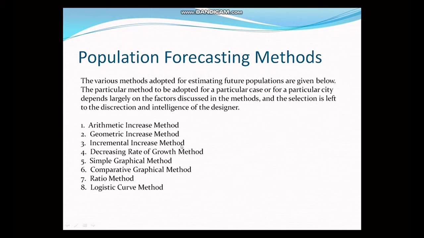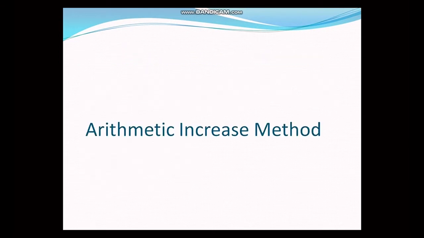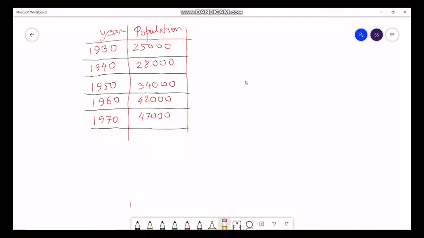In our current lecture, we will try to concentrate on the numerical problems based on the arithmetic increase method, geometric increase method, and incremental increase method. First, let us do a numerical problem as per the arithmetic increase method. Let us do a numerical problem on population forecasting as per arithmetic increase method.